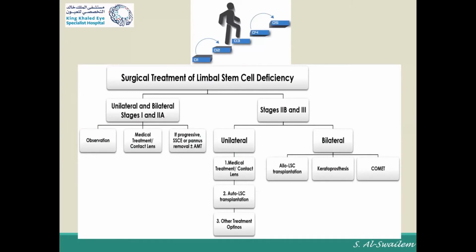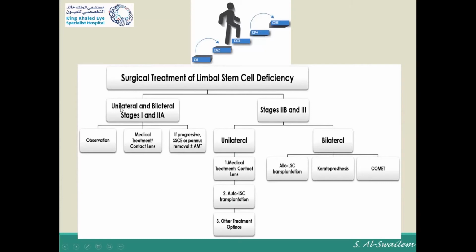And lastly, one of the very advanced ways of doing the treatment is the surgical treatment of limbal stem cell deficiencies. After you achieve all the above, you can categorize the limbal stem cell deficiency into two: whether it is unilateral or mild bilateral disease, or if it is severe unilateral or advanced bilateral.